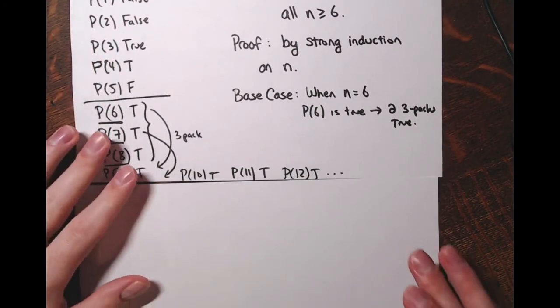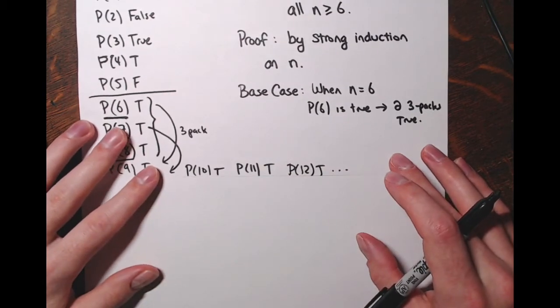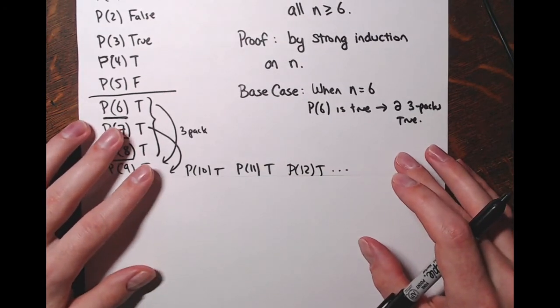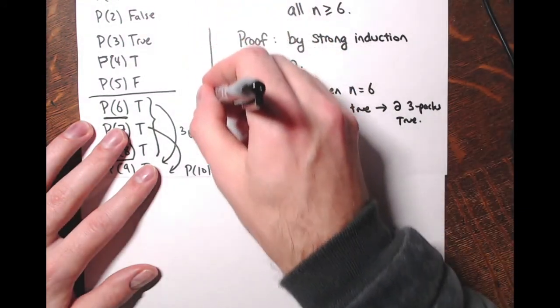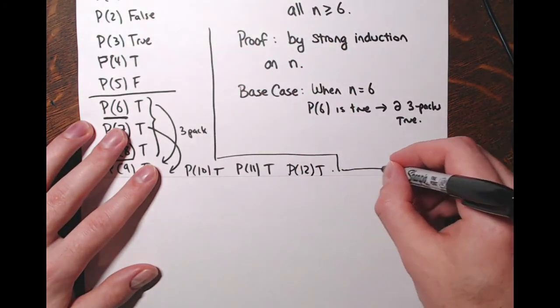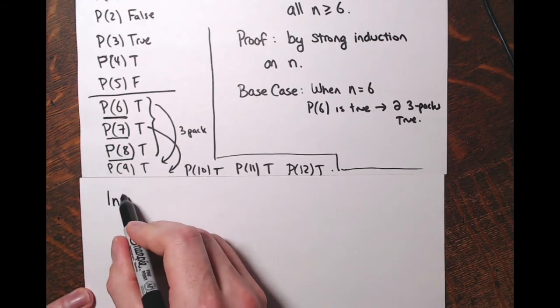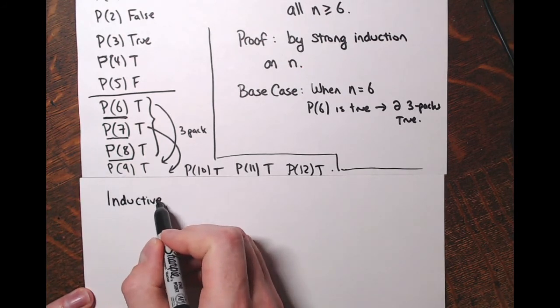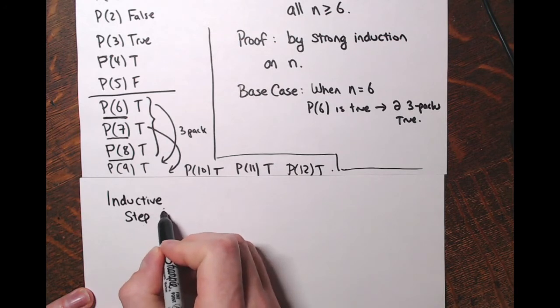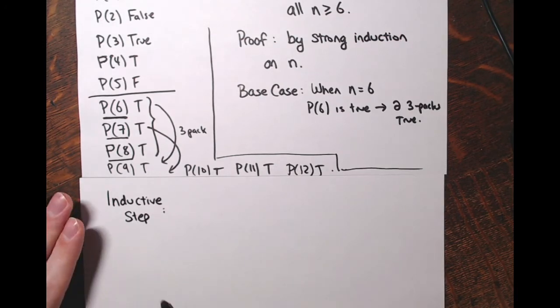Now let's say we didn't know we needed more base cases. We do need more base cases, but let's say that we didn't know that. And then let's jump to the inductive step. Now I'm doing strong induction here.